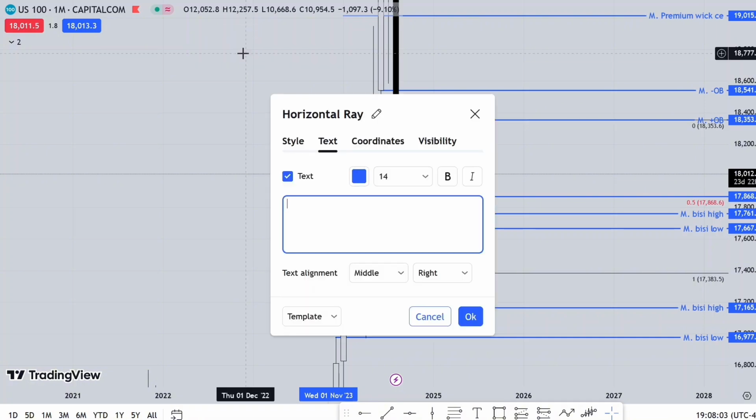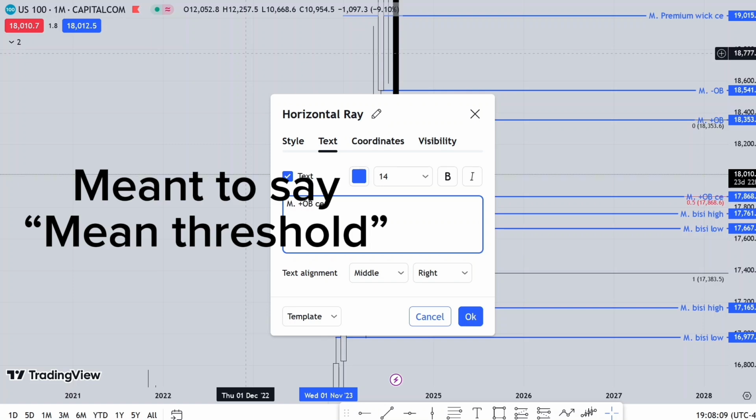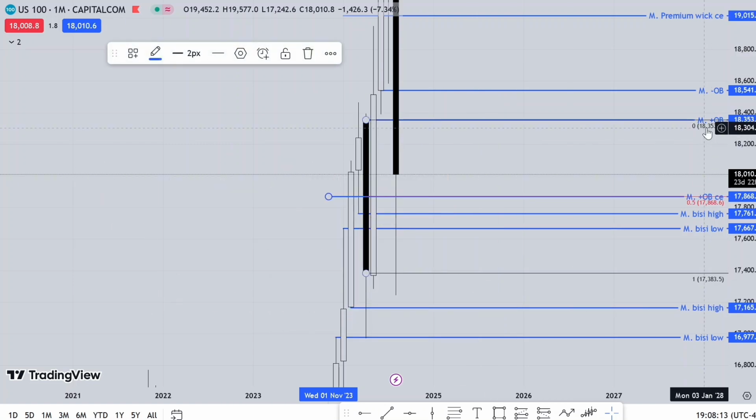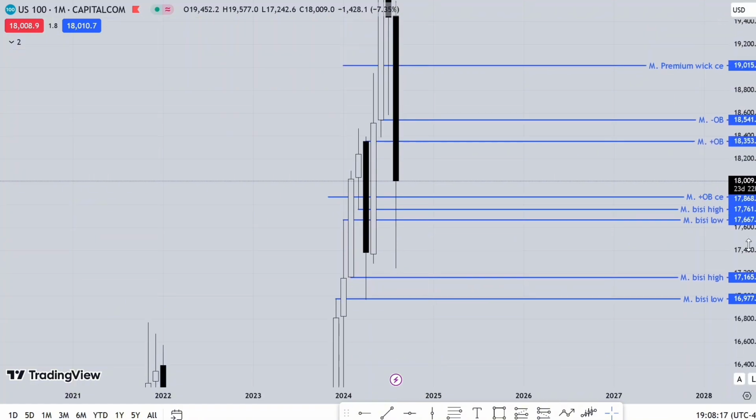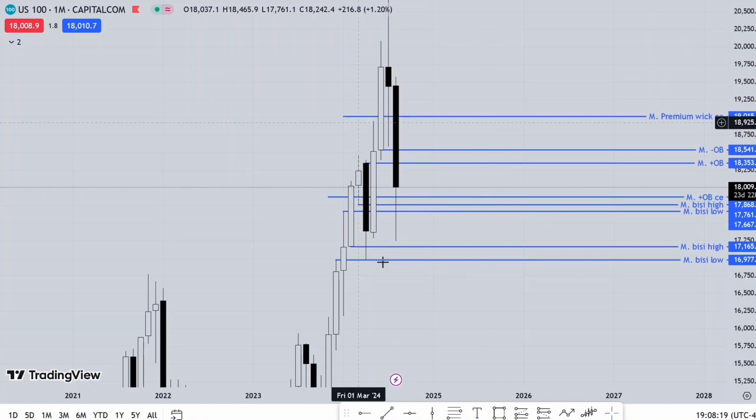So here is the monthly bullish order block CE, which is the consequent encroachment of the monthly bullish order block. Take this off. This is everything I can identify around this price action. The nearest PDRA is above the current market price and the nearest PDRA is below the current market price.